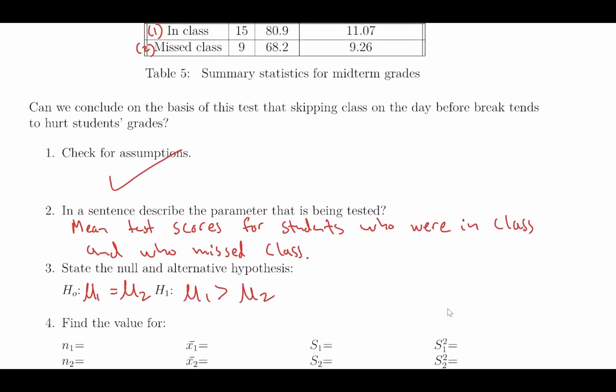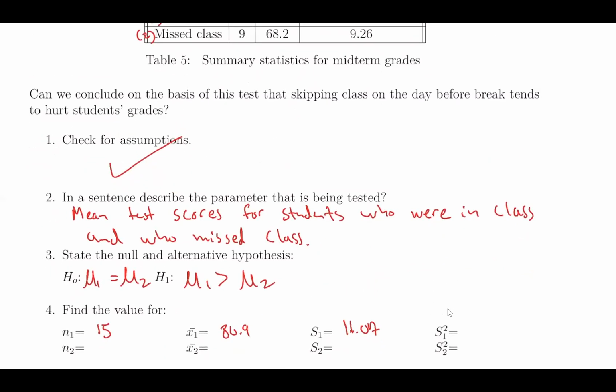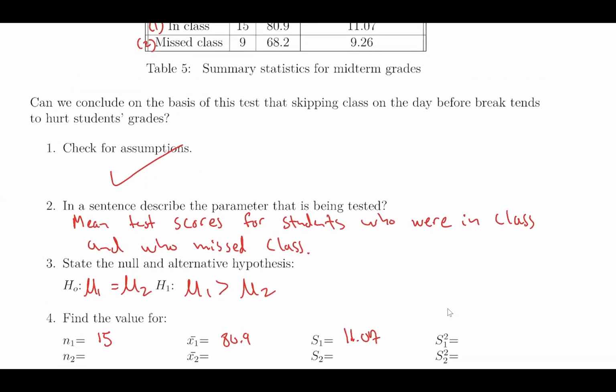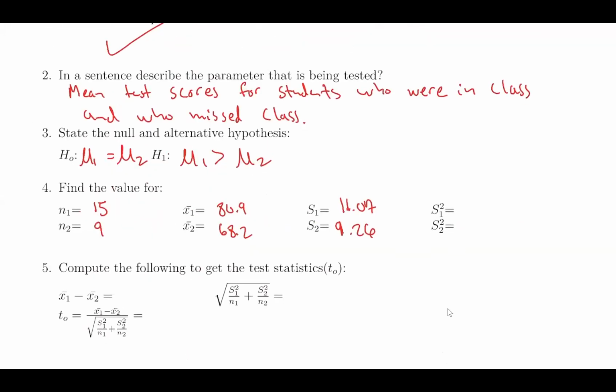All right, so let's label everything to make it nice and easy. For group one we say 15, 80.9, and 11.07. For group two we say 9, 68.2, and 9.26.